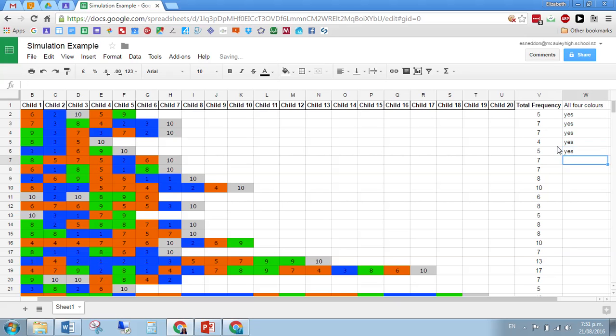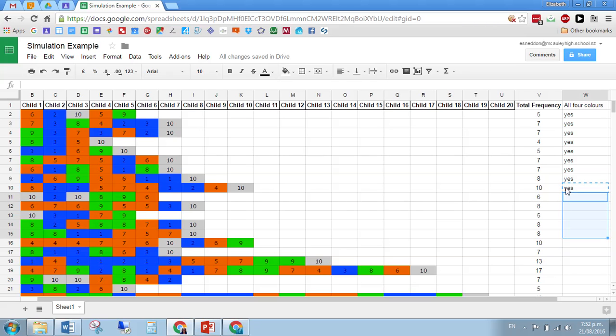And so these ones here are all yes. Now let me get down to this one here which has 10. That says that by the time they had child number 10, they finally got all 4 eye colours. So if their number is 10, then yes indeed, they have got all 4 eye colours.